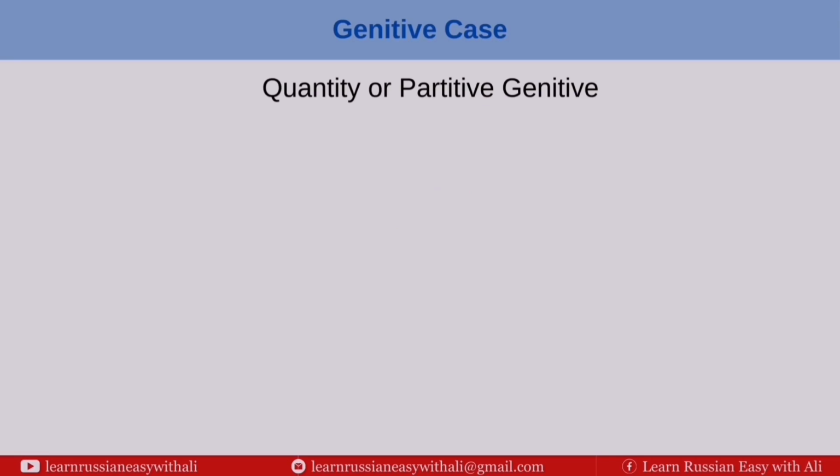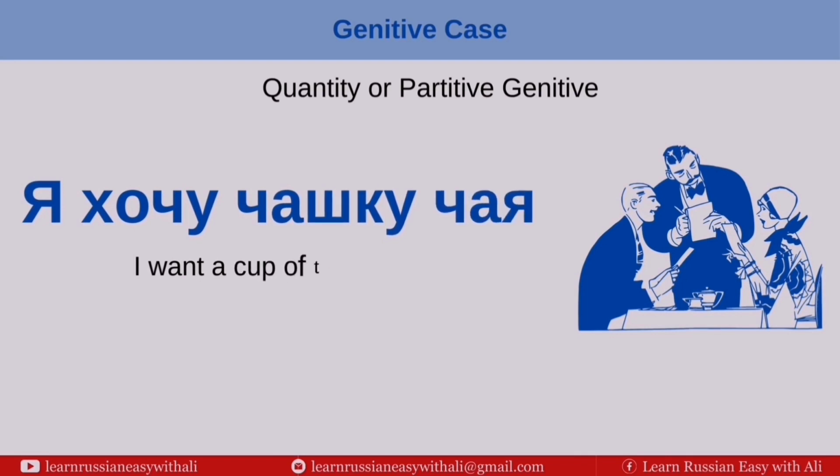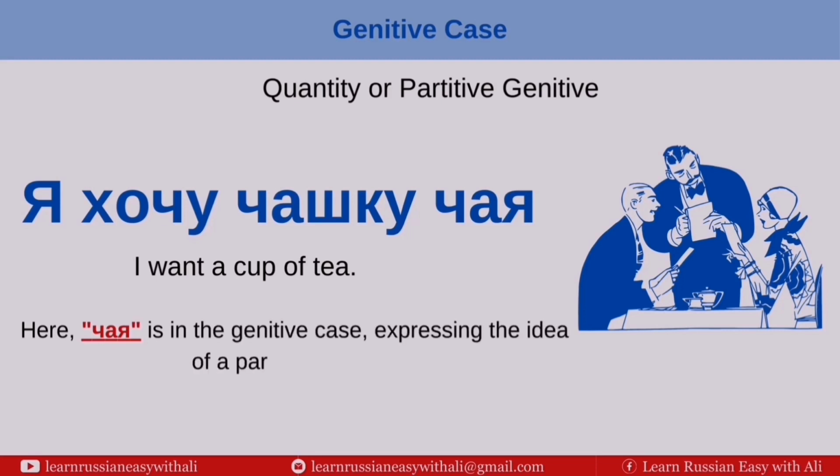Quantity or partitive genitive. Я хочу чашку чая. Here Чая is in the genitive case, expressing the idea of a part or quantity. It signifies that the person wants a portion or cupful of tea.